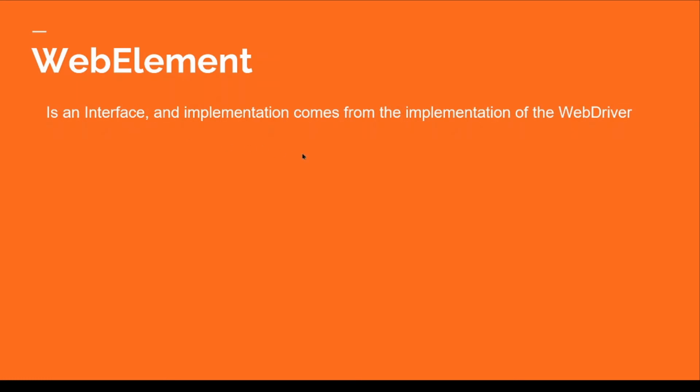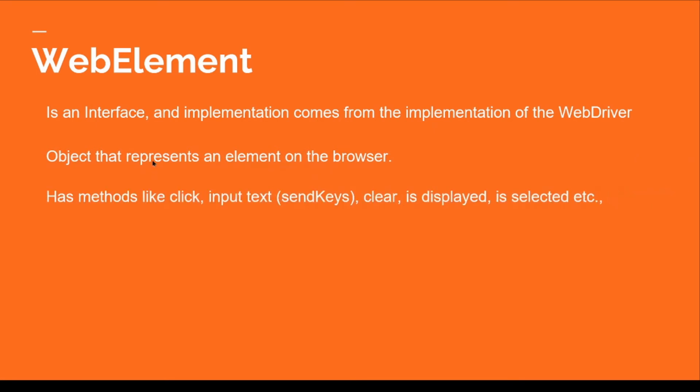So if we say Chrome driver or Firefox, from that implementation, the implementation of this web element will come. And this is the object representation of an element inside the browser, and it has methods like click, input text, we saw send keys, clear, and we can know whether it is displayed, is selected, etc. We'll get into each of these methods once we go along this.